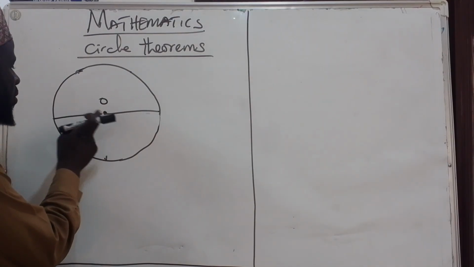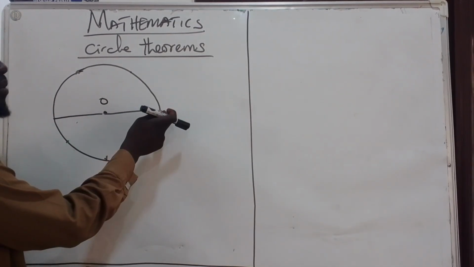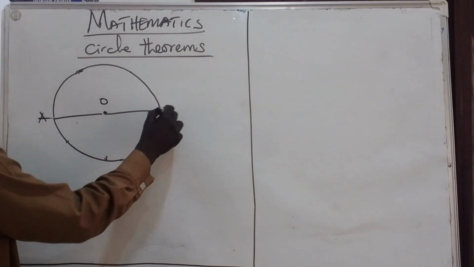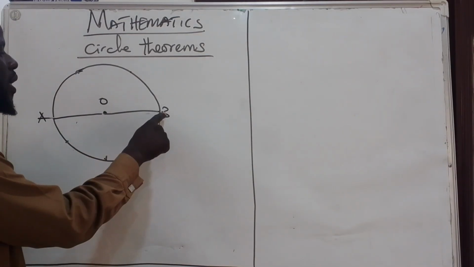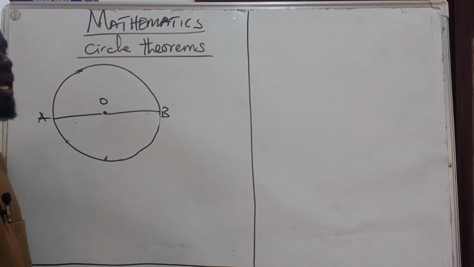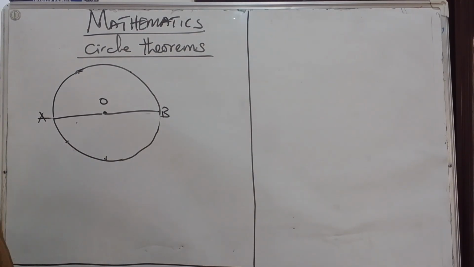This is a radius from here to here, and this is another radius from the center to this point on the circumference. So the line AB is a diameter, and as such, OA is equal to OB, simply because the two are radii.